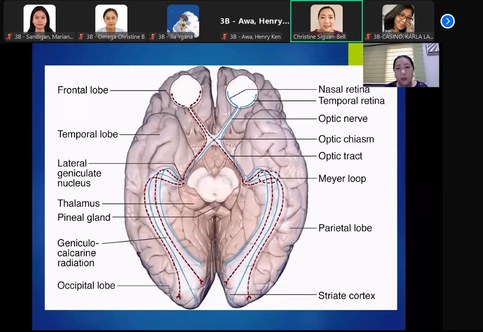We have the nasal retina, the temporal retina, and the optic nerves, two of which meet at the optic chiasm, where they cross and become the optic tract. There's Meyer's loop, and there is the lateral geniculate nucleus. And you have now the optic radiations that are located in the parietal lobe.